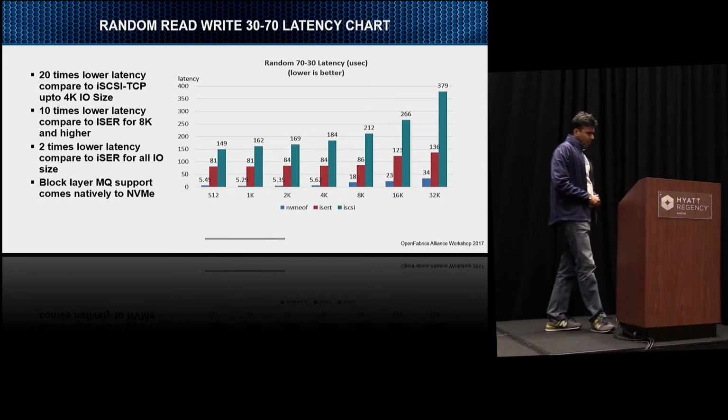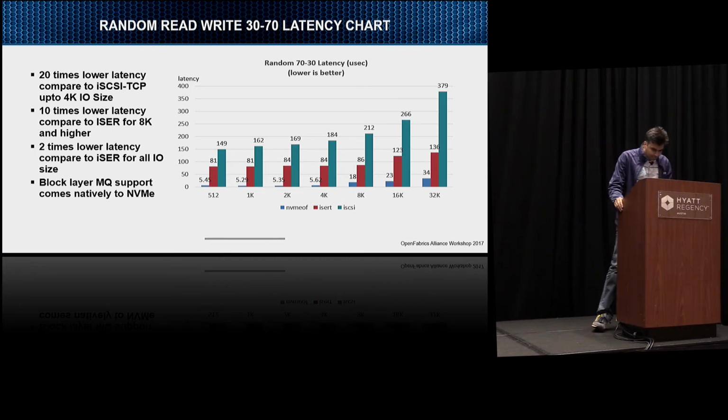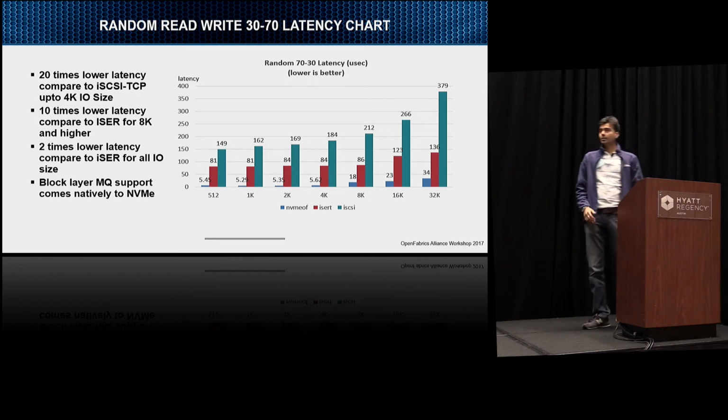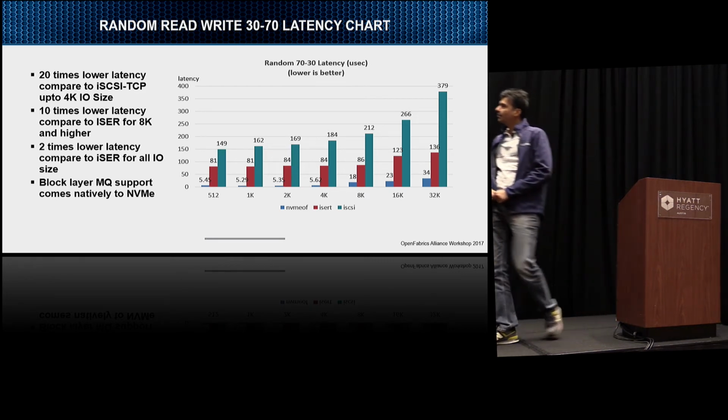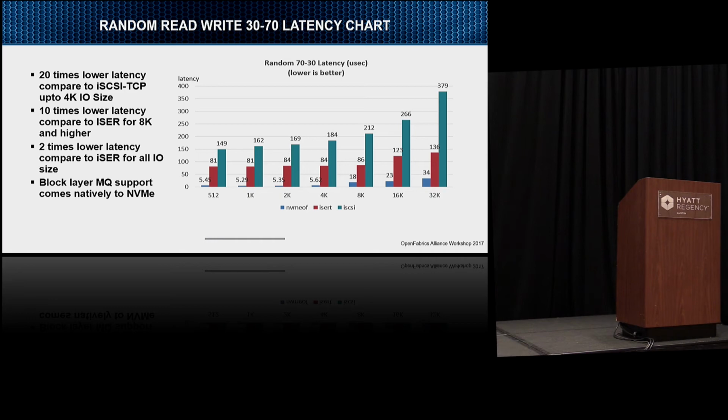So there are three graphs here. One is not actually visible at all. The one which is not visible, or very less visible, is NVMe Fabrics. This is the latency chart. Lower is obviously better for latency.